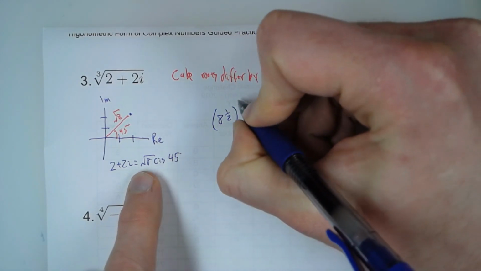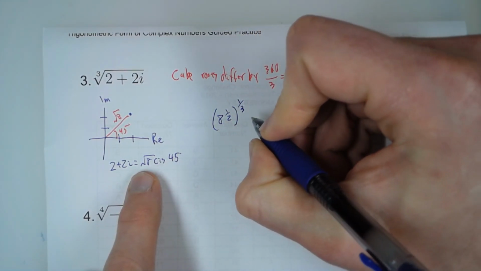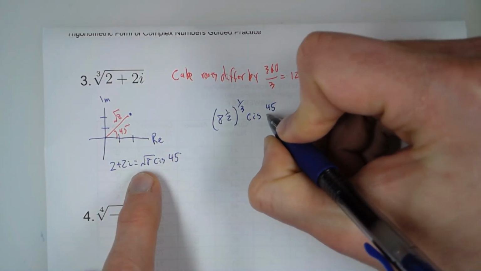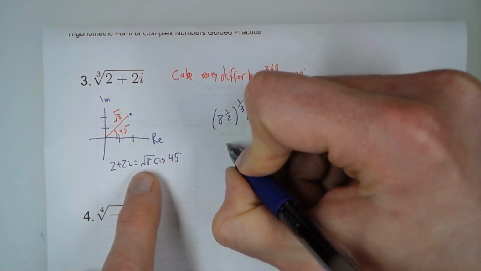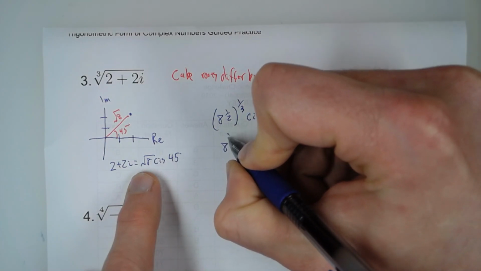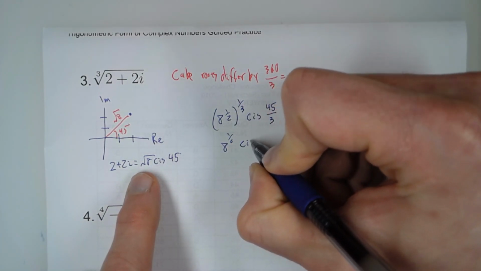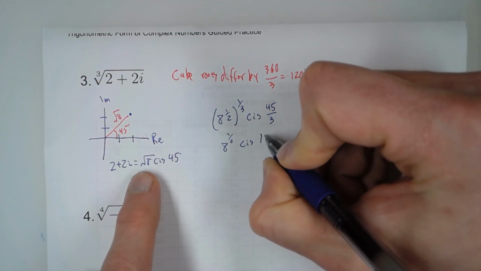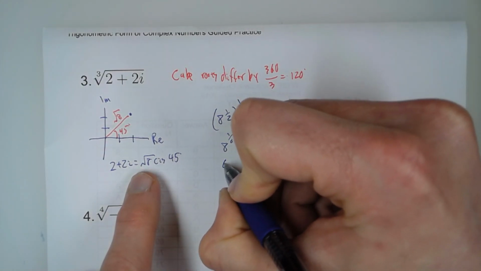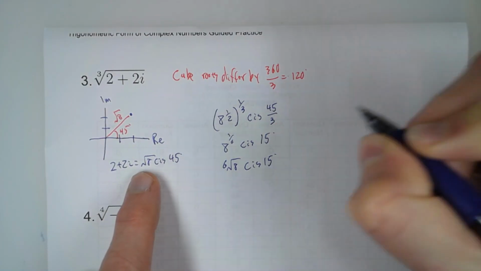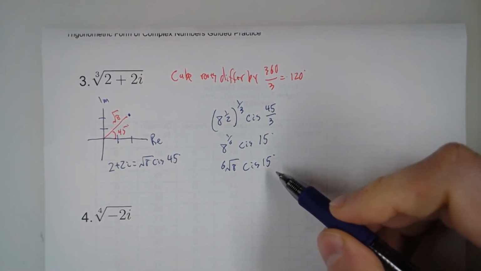So we have 8 to the 1/2, and we raise that to the 1/3, and then we take 45 and divide by 3. So when we multiply those powers, 8 to the 1/6 power, cis 15 degrees. So we have 6th root of 8 cis 15. So that's one of our cube roots.